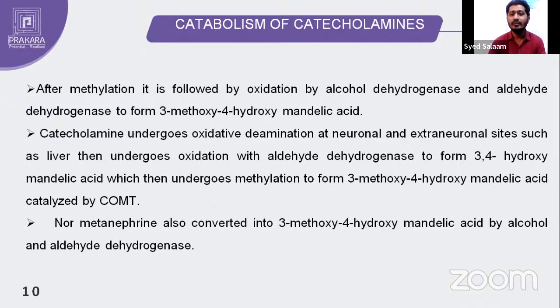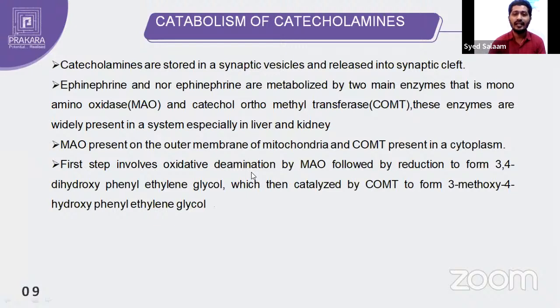In the catabolism of catecholamines, after showing their respective response or action, there are two enzymes involved in removing these neurotransmitters to stop their action. One is MAO, monoamine oxidase, and the other is COMT, catechol orthomethyl transferase.